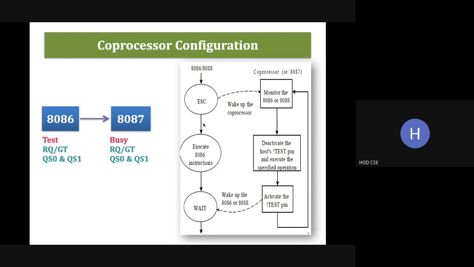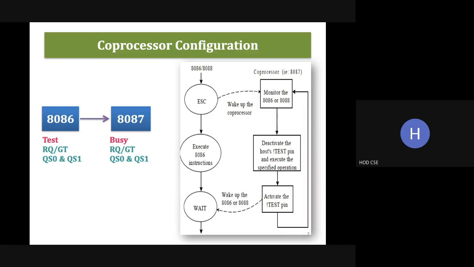To differentiate the 8086 and 8087 instructions: in the 8086 we have ADD, and in the 8087 it is replaced by FADD. F represents floating point operation. FADD, FSUB, FDIV, FMUL, like this.